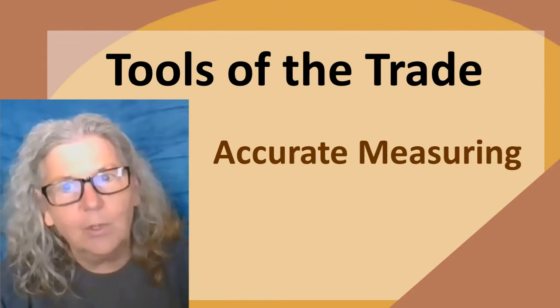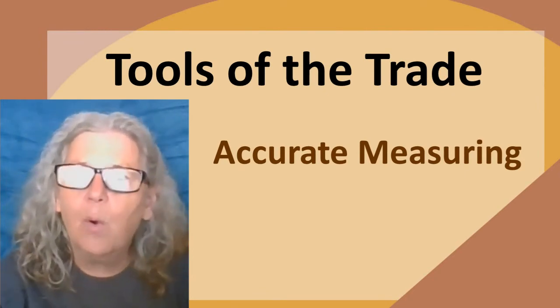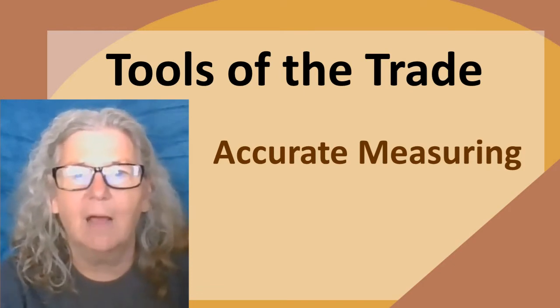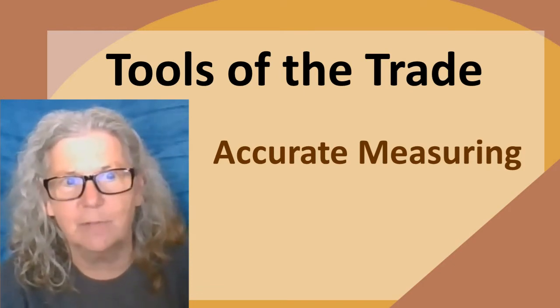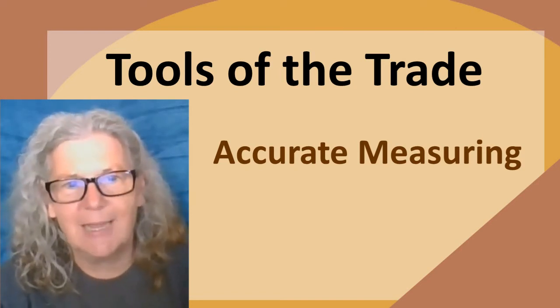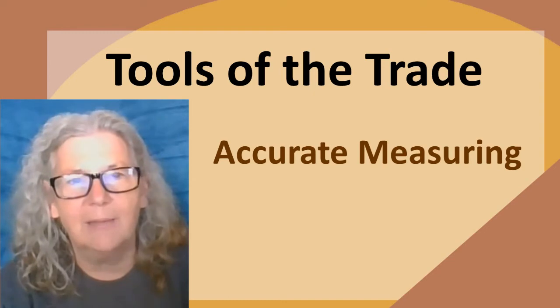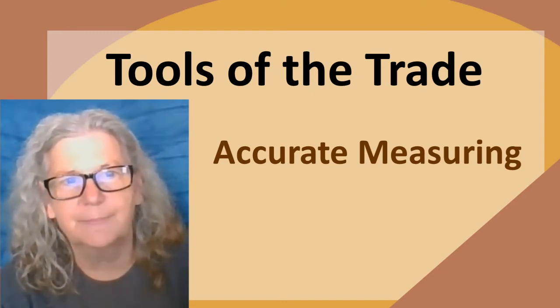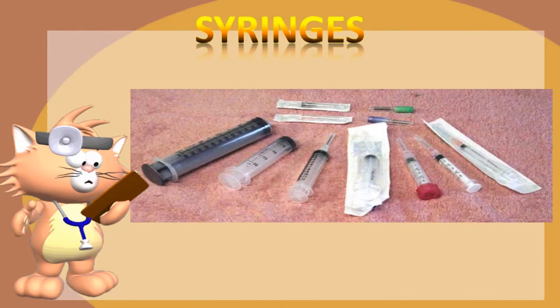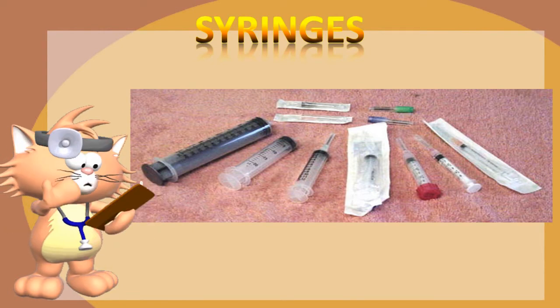Being able to accurately measure the functional result of any calculation requires a complete understanding of the basic devices of measure. In this section, we will be covering syringes and scales, as well as the ability to accurately read drug labels and prescriptions. A variety of hypodermic syringes are in common clinical use.